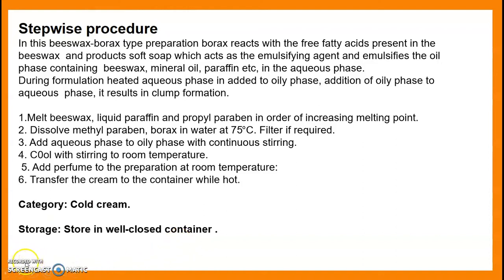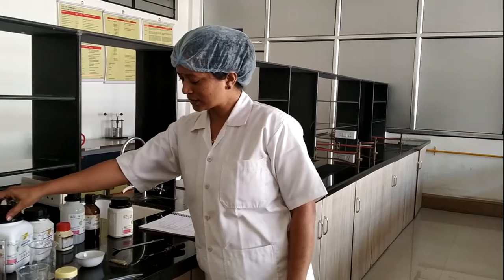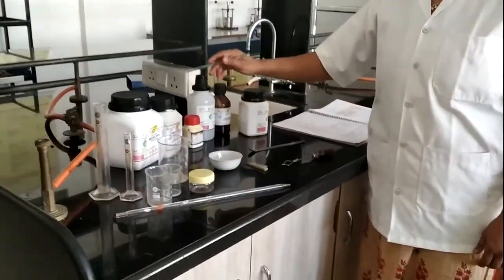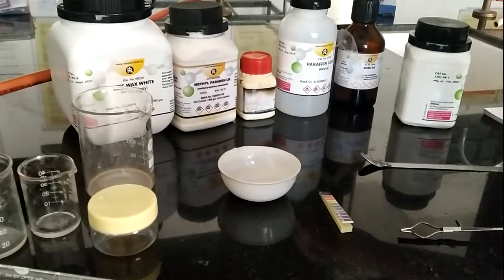After that we go to the laboratory for the actual practical session. Welcome friends in the pharmaceutics first laboratory. In this we prepare cold cream. We see the chemicals and apparatus required for the cold cream. First of all, these are the chemicals. This is the beeswax, then methyl paraben and propyl paraben as preservatives, then liquid paraffin.